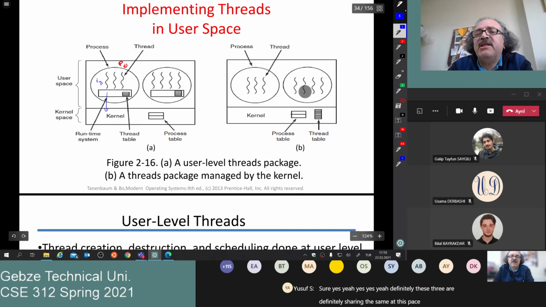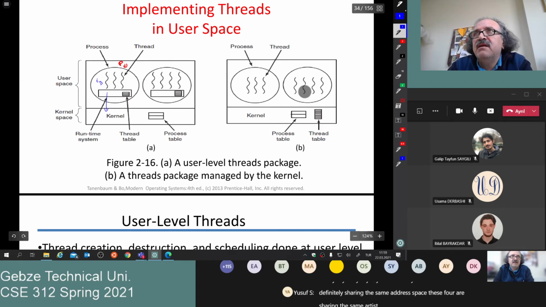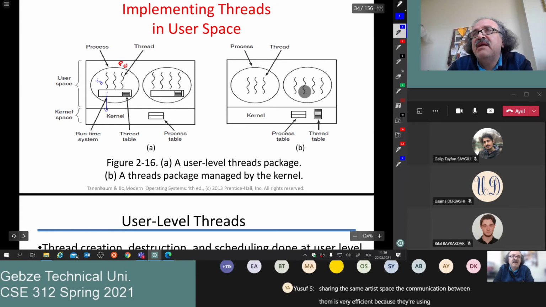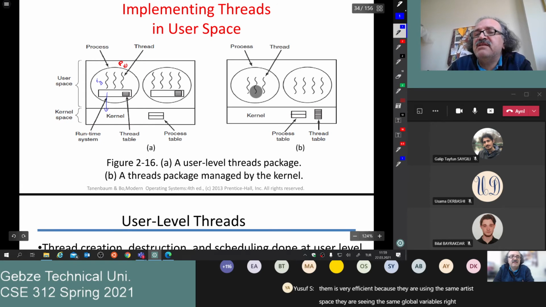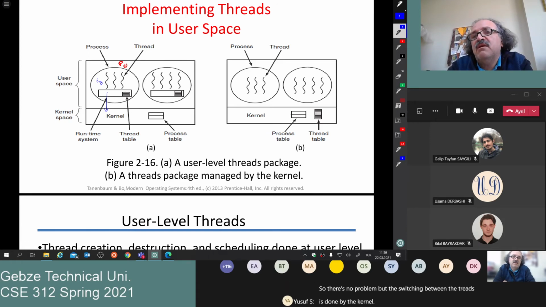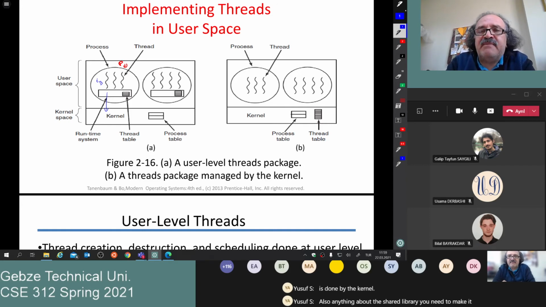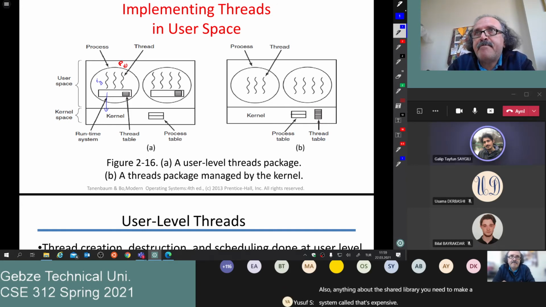These four are sharing the same address space. The communication between them is very efficient because they are using the same address space. They are seeing the same global variables, right? These four and these three. So there's no problem, but the switching between the threads is done by the kernel. Also, for anything about the thread library, you need to make a system call. That's expensive.